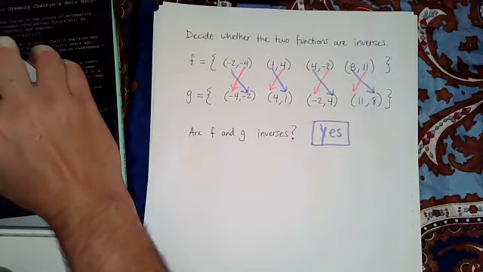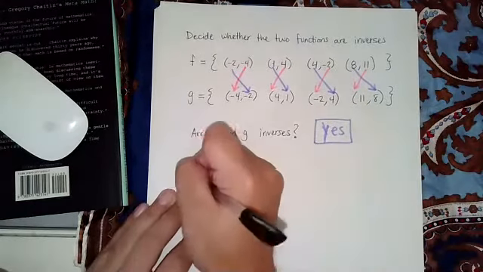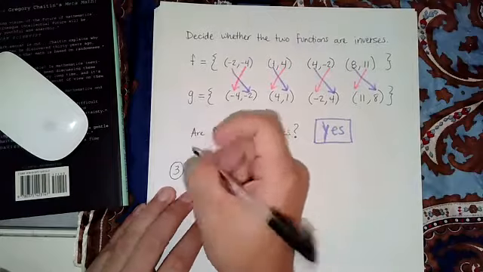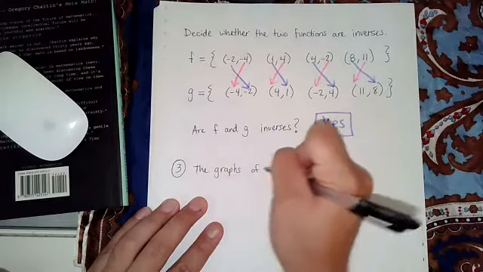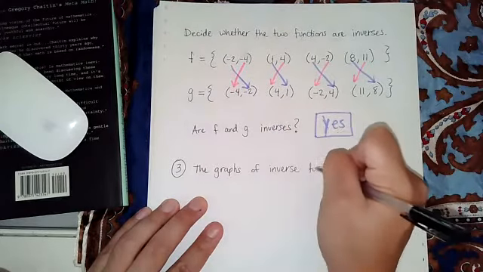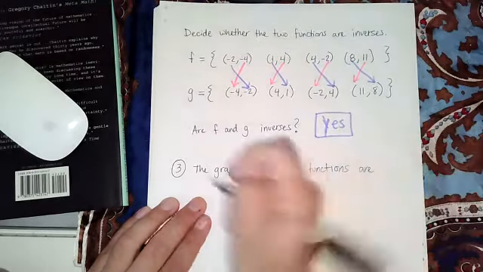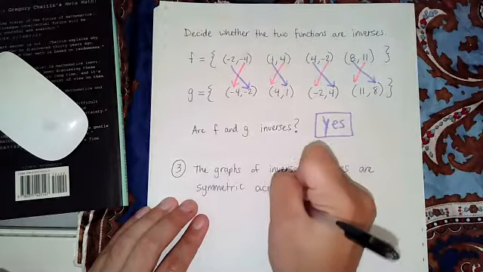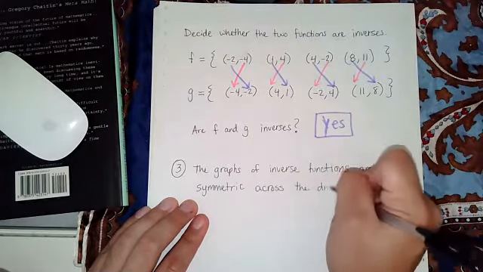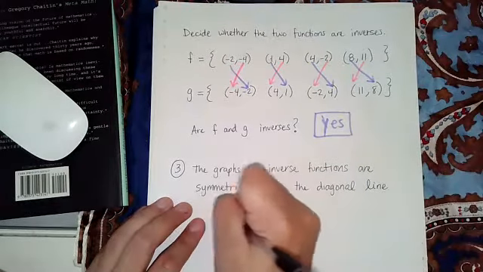Okay. So now I think that this is going to be the fun part. This is really the third condition for inverses, that the graphs of inverse functions are symmetric across the diagonal line y equals x.